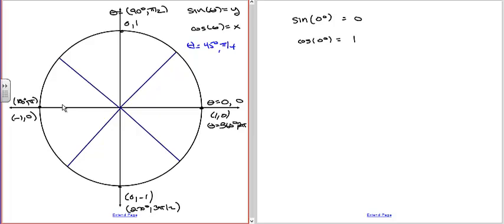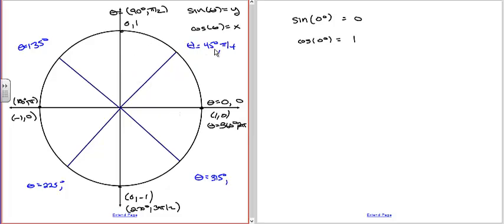Now, to get the other points, you can count by 45s: 45, 90. Here, you get 135 degrees. Add 45, you get 180. Add 45, you get 225 degrees. Add 45, you get 270. Add 45, you get 315 degrees.